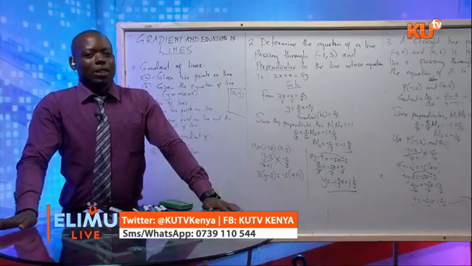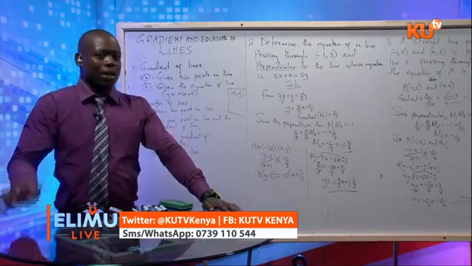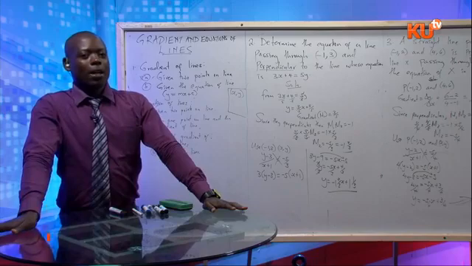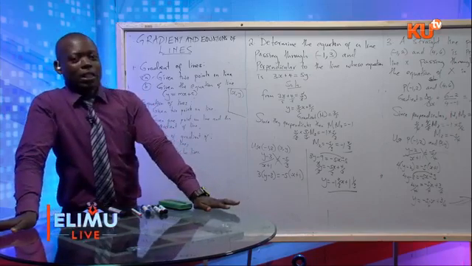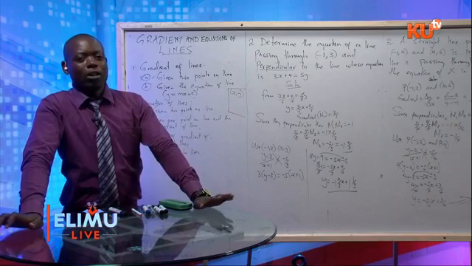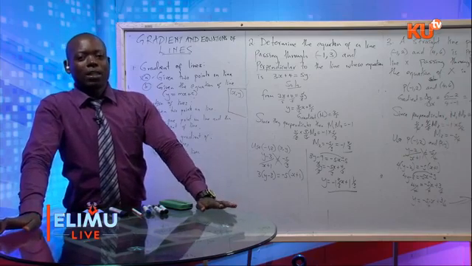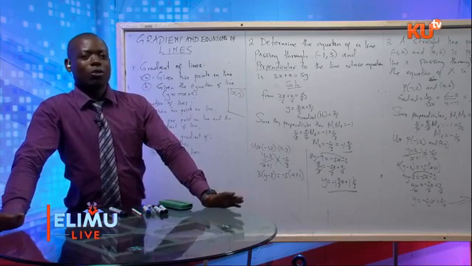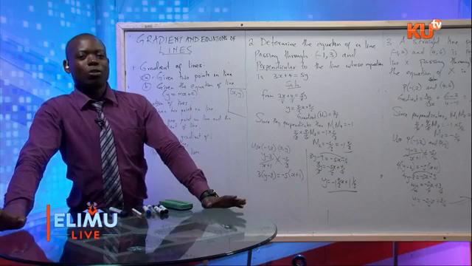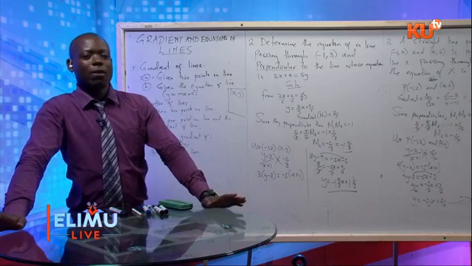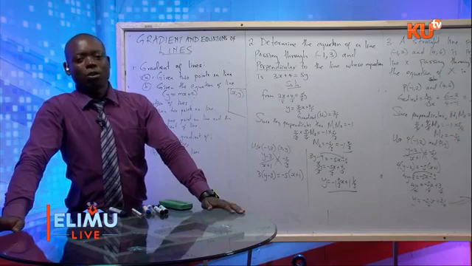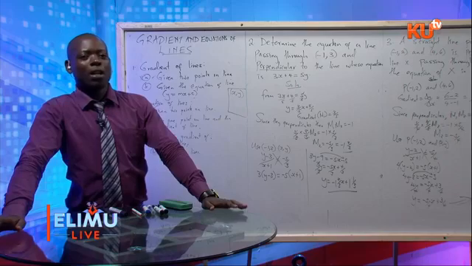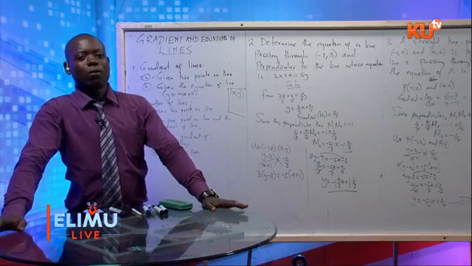Good. So that is where we end our summary for the topic gradient and equations of straight lines. I believe with the 3 parts that we've highlighted, you've been able to follow through the whole topic, and you can now do more practice and more revision. But as you continue revising, I will ask you also to look at a series of questions that involve quadrilaterals, especially the rhombus, the rectangle, and the square that have the equations of lines.